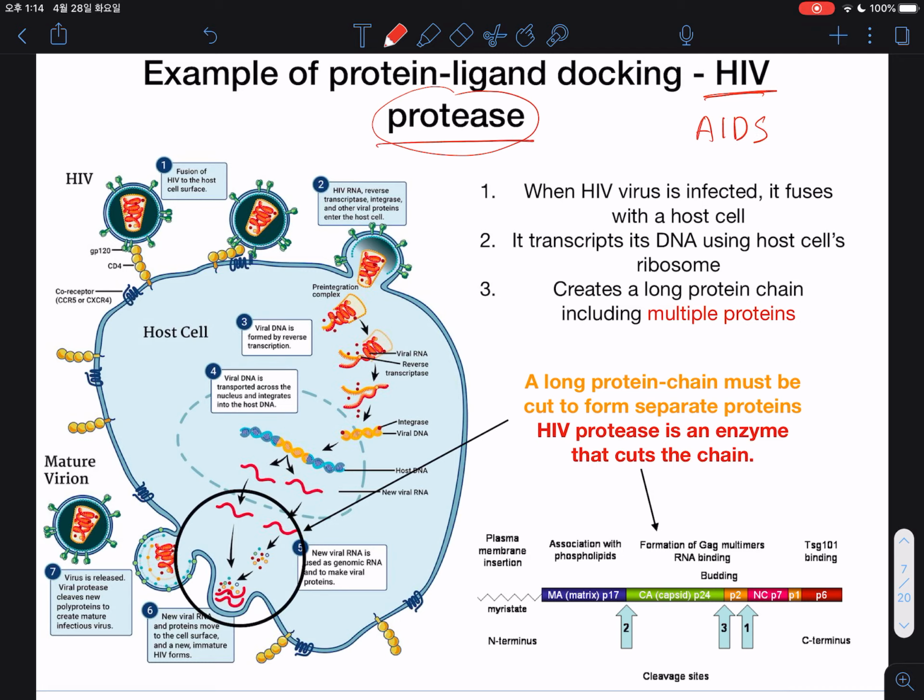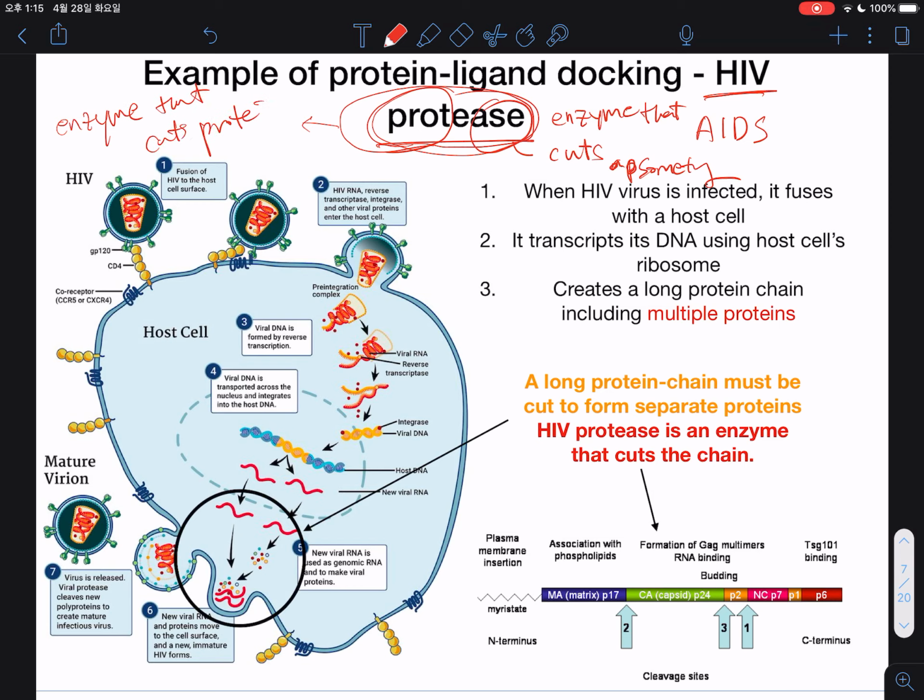And protease means, as I mentioned, that ase means an enzyme that cuts something. So protease means an enzyme that cuts proteins.